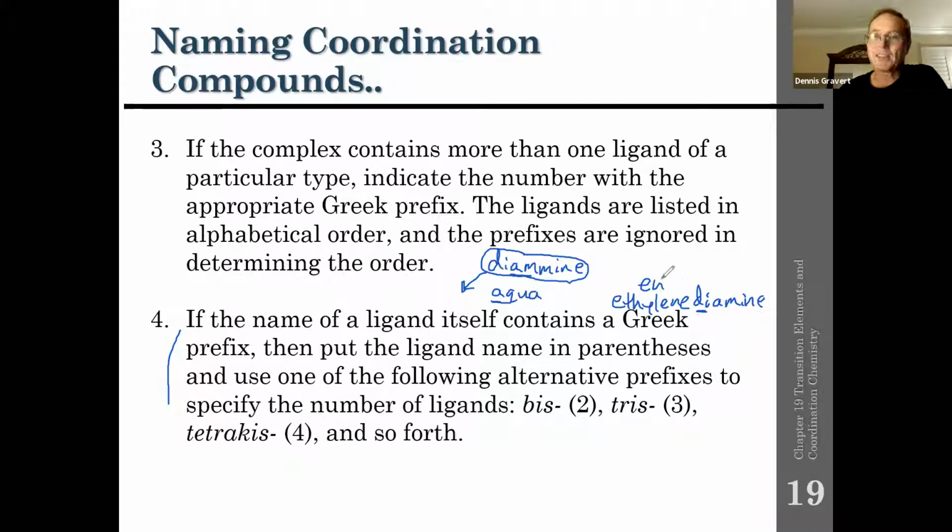So what happens if your molecule has 2 of these? You'd say if it has 2, you're supposed to use di, but I already have di in the name. In that case, you have to use these special prefixes: bis if you have 2, and tris, and tetrakis. Sounds kind of romantic. Anyways, that's where those names will come up, and you'll see them from time to time, but you don't have to memorize them. Just out there.